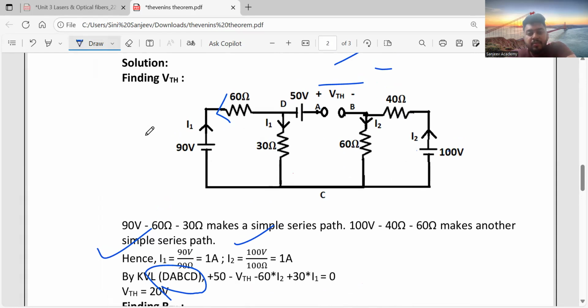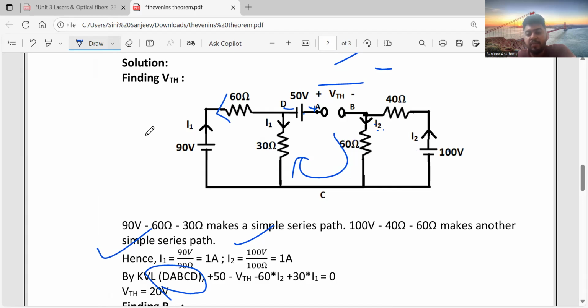Just mark everything. I'll take this in the clockwise direction. So put minus, plus. Here also, the current entering, it is going through this plus, minus, plus, and here it is 60 ohms, and here it is 30.